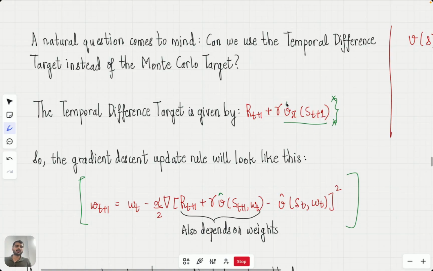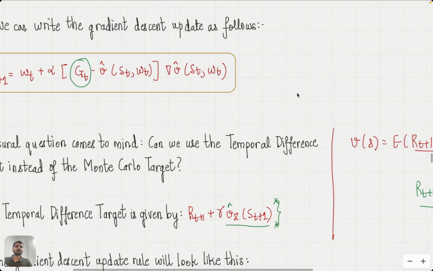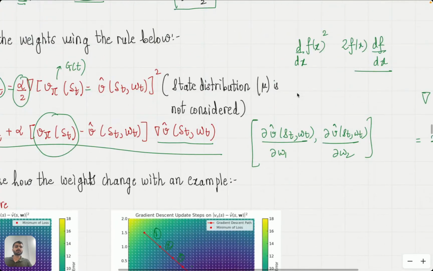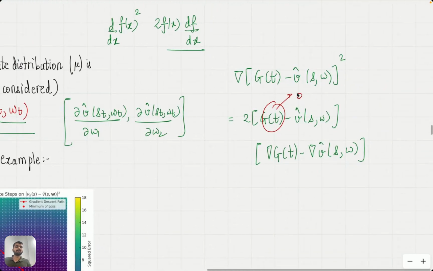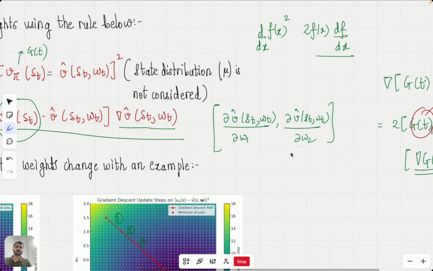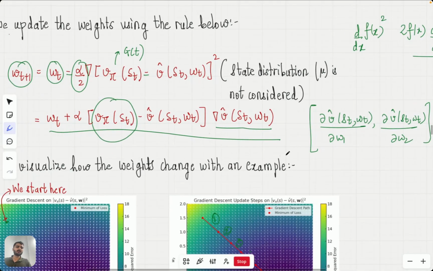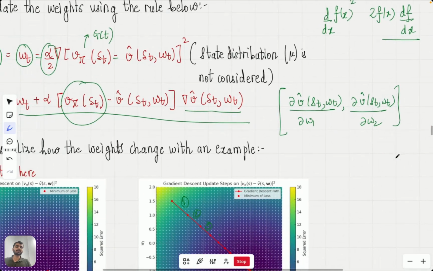Since the value function for the next state is dependent on the weights, remember in the chain rule we had assumed this derivative to be zero because the Monte Carlo return did not depend on the value functions. But if we have a value function, then we have to consider the derivative of that value function as well, which will mean that this formulation will not hold because we will have one more derivative.